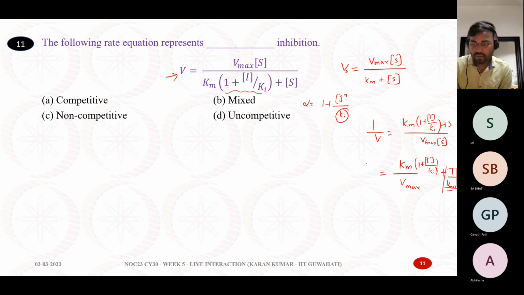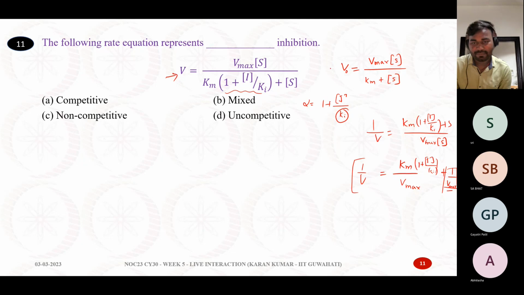When you are plotting the double reciprocal plot, is Vmax changing? No, right? Only the slope is changing, Km by Vmax. So which kind of inhibition will it be? In which kind of inhibition do you see the change in Km? Non-competitive. Change in Km. Non-competitive. Are you sure?